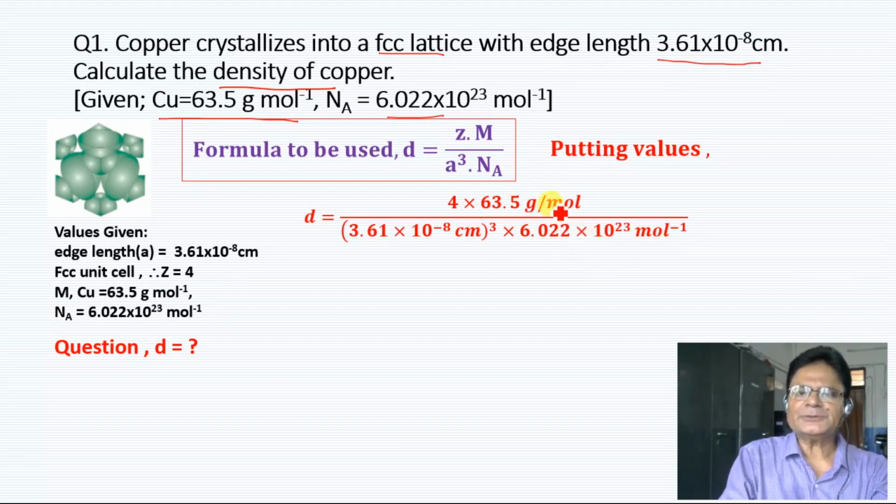Look here, this per mole will cancel per mole. So what is left? Gram and centimeter cube. Therefore, the unit will be gram per centimeter cube.